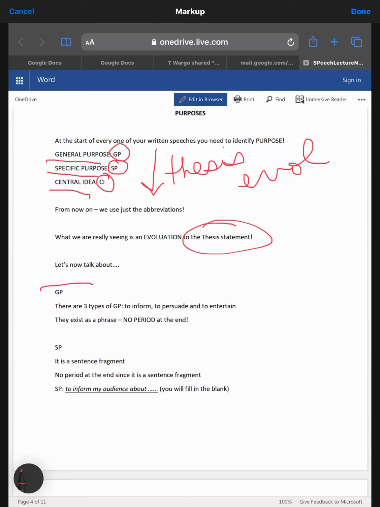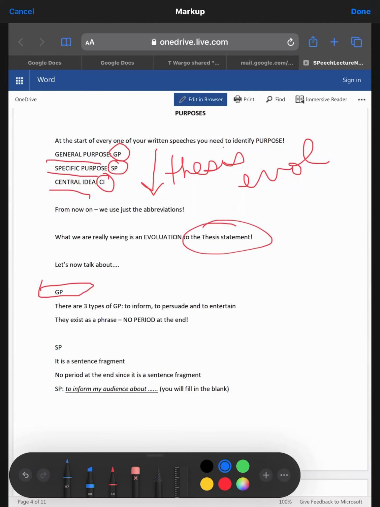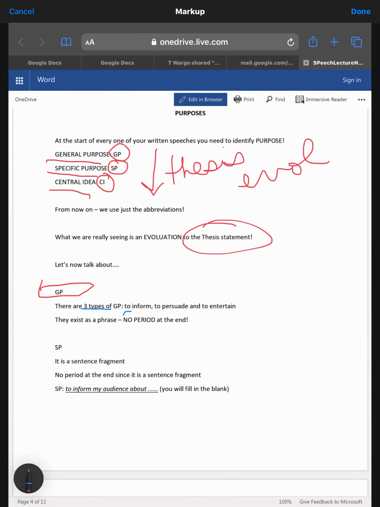So we start off with the GP. You have a choice of 3 different GPs. It could be to inform, to persuade, or to entertain. And I'm going to let you guys know right now that your homework for tonight is going to be a speech that's going to be to inform.